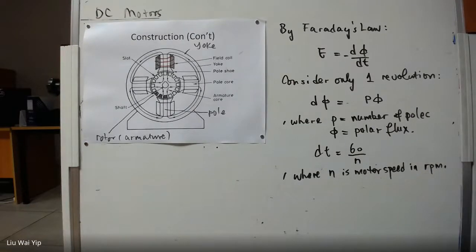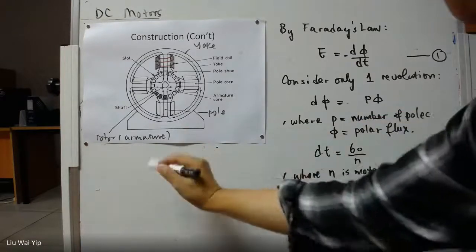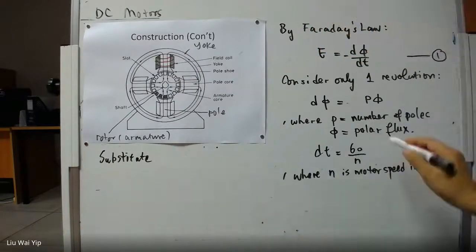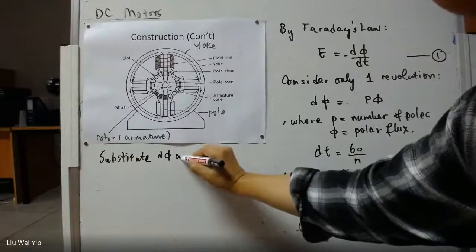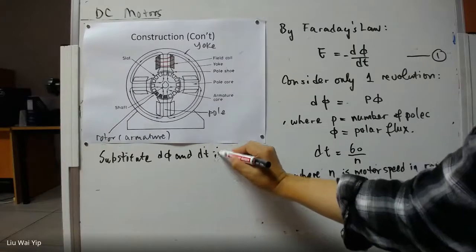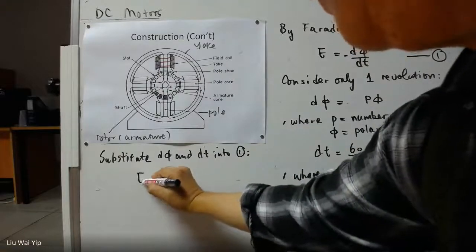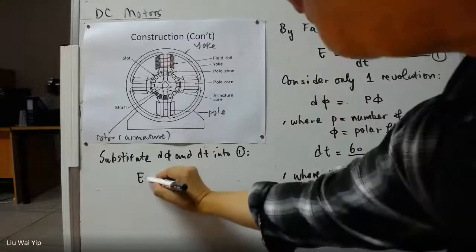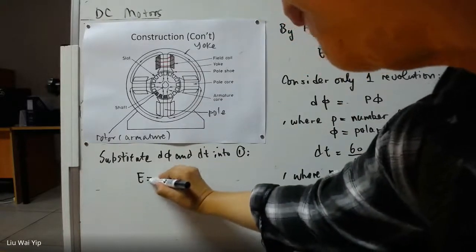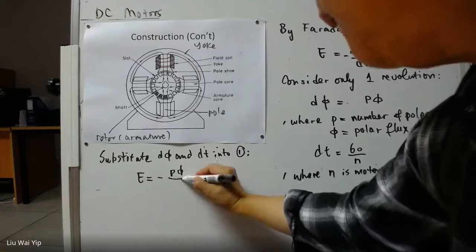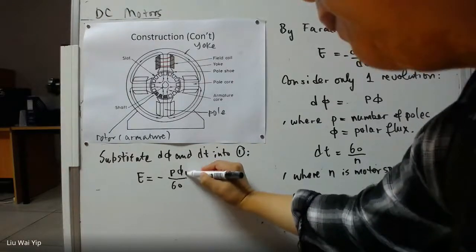Revolutions per minute. So if we substitute these parameters, d flux and dt, into equation 1, we will get the back EMF for one conductor equals phi P divided by 60 times n.